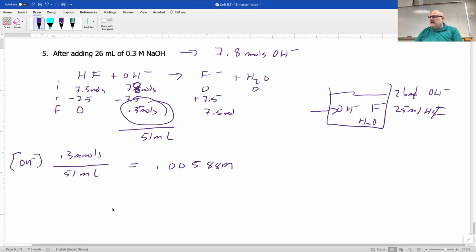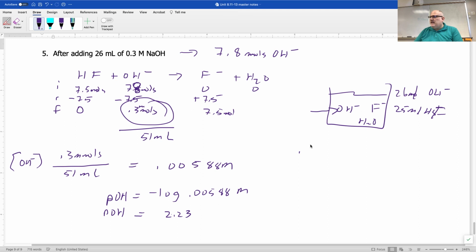Well, how do we figure out the pH of pure OH minus? We figure out our pOH first, which is the negative log of 0.00588. By the way, you could also write this as 5.88 times 10 to the negative 3. That works out just fine. When we do that, we end up with a pOH equal to 2.23.